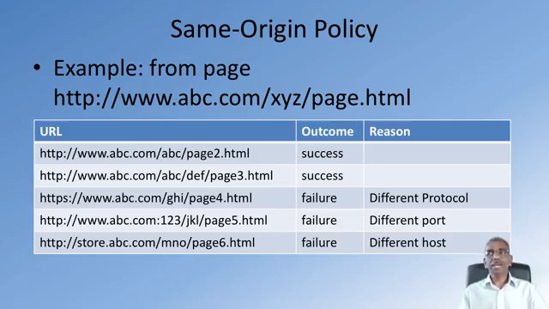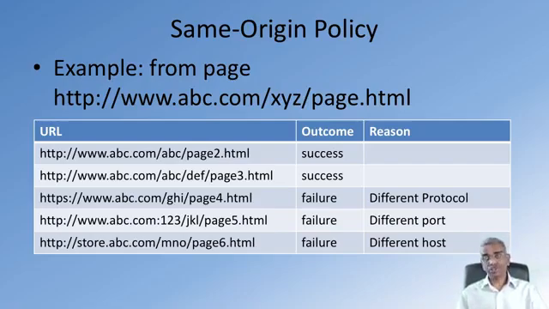Suppose we have a web page that is loaded in from this site listed here, www.abc.com, and in a folder XYZ and the page .html being loaded in here. This page may involve links or even JavaScript code that might issue XML HTTP request to other resources on the web page.